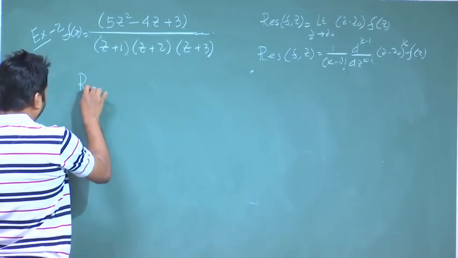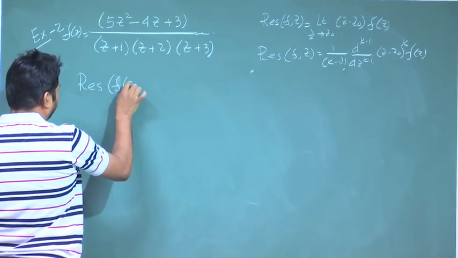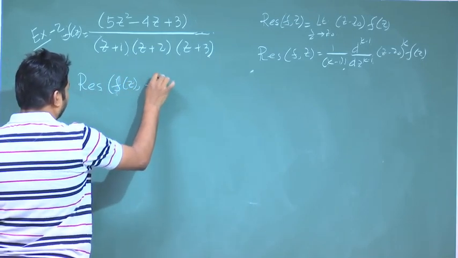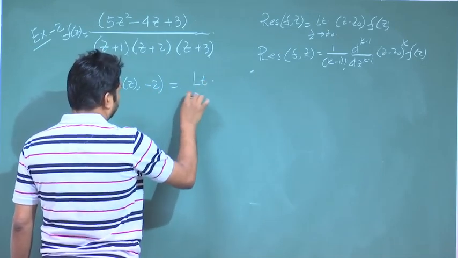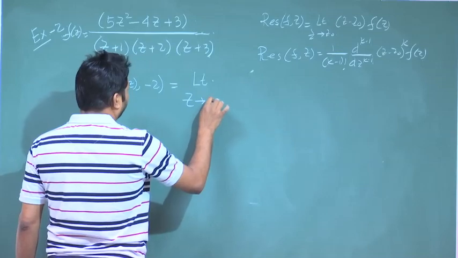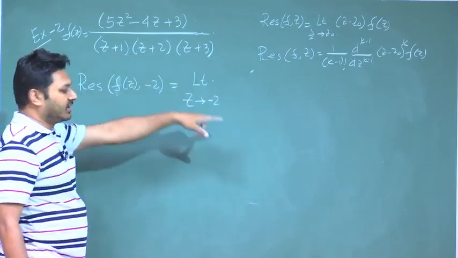So, the residue of the function at z equal to minus 2, which is the limit z tends to minus 2. Once I multiply by z plus 2, the z plus 2 will cancel out.